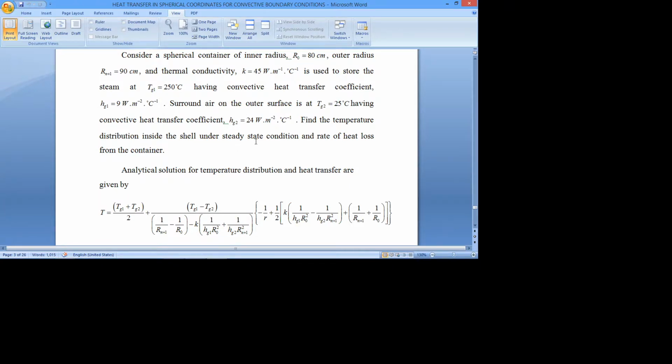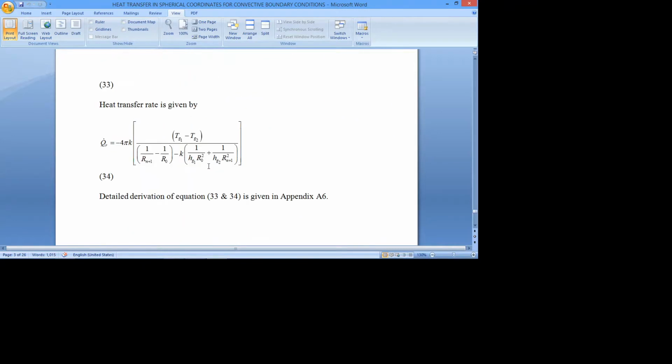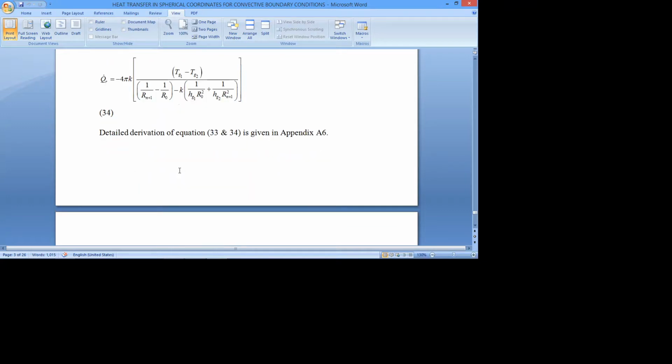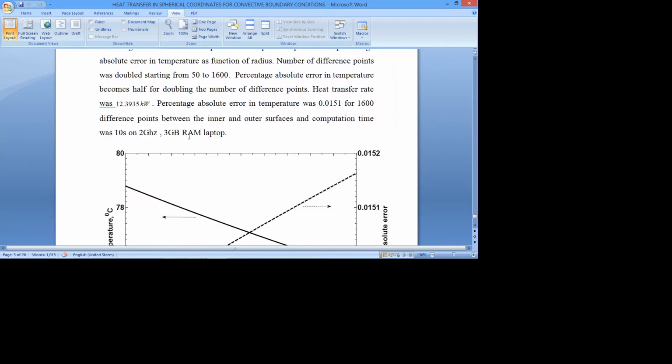We are supposed to calculate the temperature distribution within the shell under steady state operation and the rate of heat loss from the container. This is the analytical expression to calculate temperature at any R. This is to calculate heat transfer rate. We gave the detailed derivation already earlier.